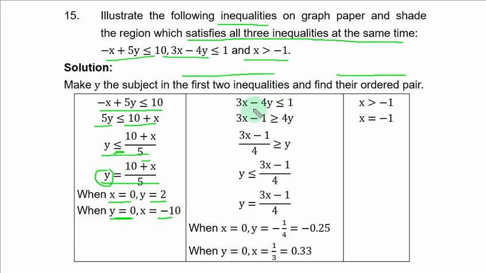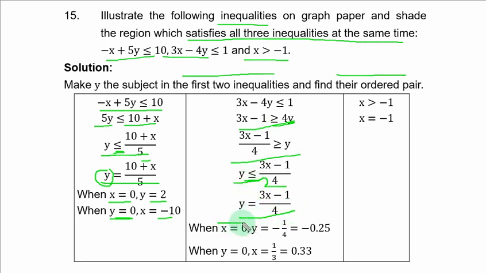In the second inequality, you do the same thing. You make y the subject, that is 4y first. You have it in this form. Divide both sides by 4. You have this result. If you interchange the position of y and the other side, it becomes y less than 3s minus 1 over 4. You change this symbol to equality, you have this result.